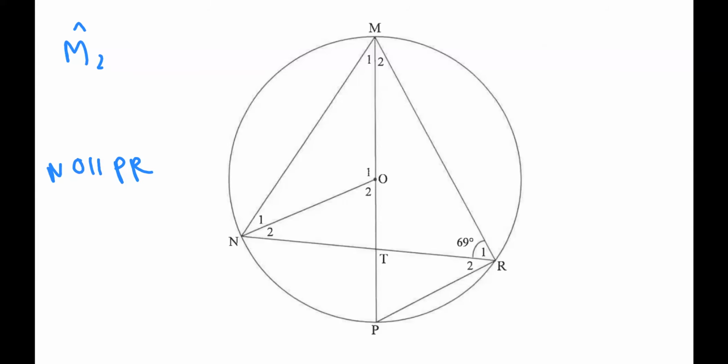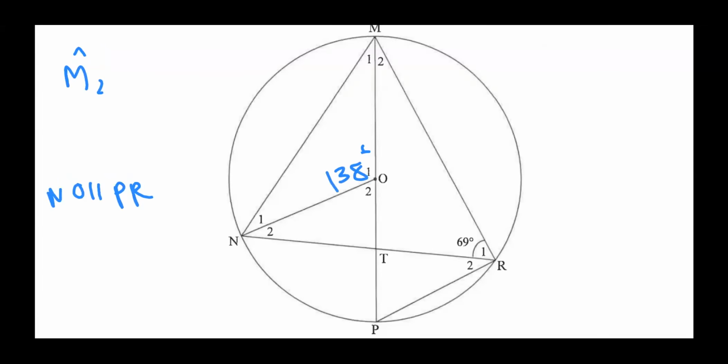Well done. Okay, so just to explain to everyone what Josh is saying, he started with angle O1, which we already calculated in a previous question. That was 138. Now if you look at these angles on a straight line, if O1 is 138, then O2 would be 42 degrees, angles on a straight line.